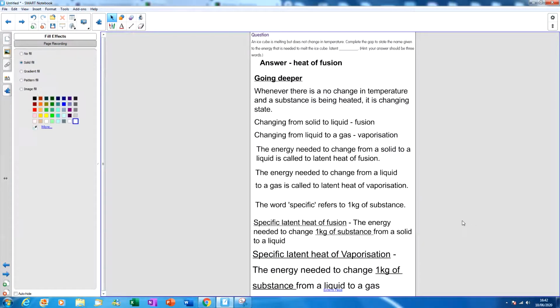So the specific latent heat of fusion is the energy needed to change 1 kilogram of substance from a solid to a liquid. And the specific latent heat of vaporization is the energy needed to change 1 kilogram of substance from a liquid to a gas. So there's lots of key points that you really do need to learn so you can practice using.